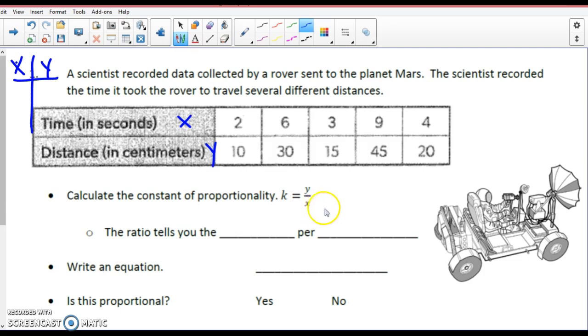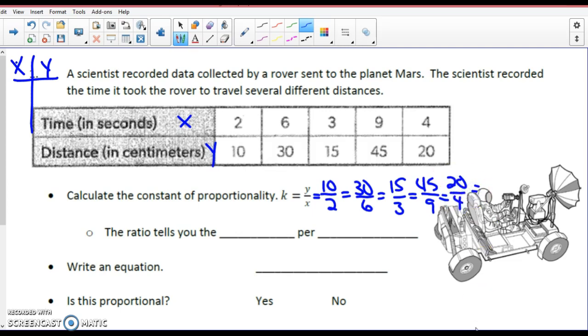So my first ordered pair, K, would be 10 over 2. My second one would be 30 over 6. My third would be 15 over 3. My fourth would be 45 over 9. And my fifth would be 20 over 4.